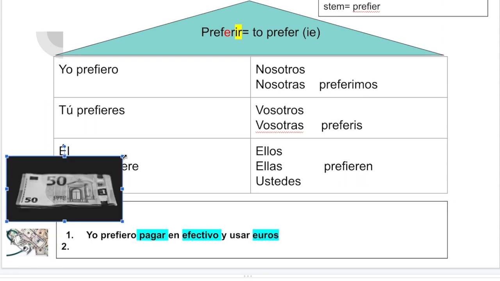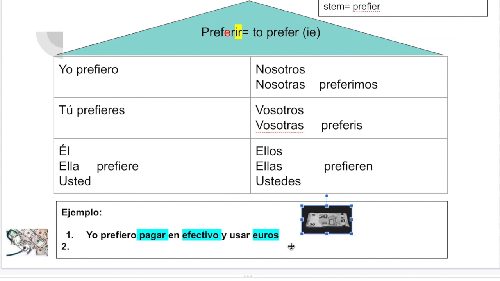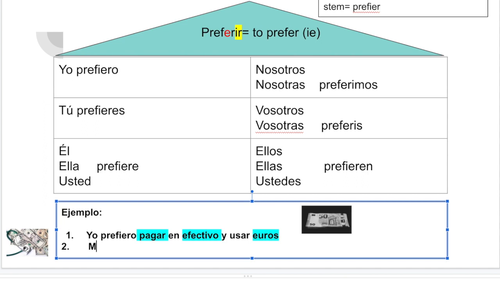So I can say, yo prefiero pagar en efectivo y usar euros. Y ejemplo 2. Marta prefiere comprar en dólares.